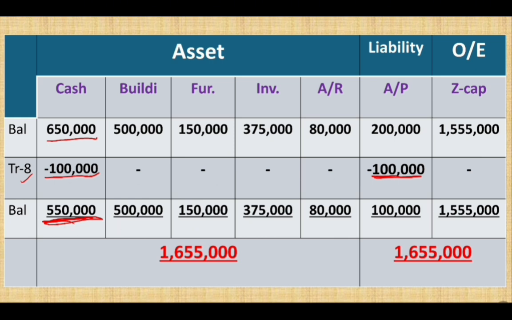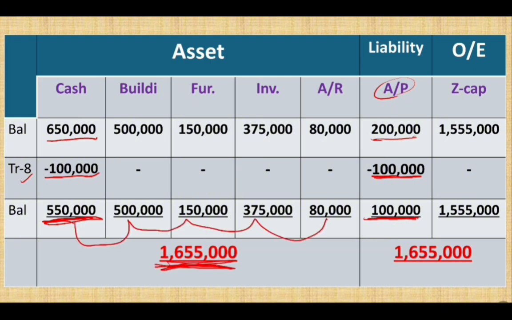Therefore, the balance of cash after transaction 8 is 550,000. That is 650,000 minus 100,000. Here, in the case of account payable, during transaction 8, we have paid cash of 100,000 to our creditors. Therefore, our account payable is reduced by 100,000.